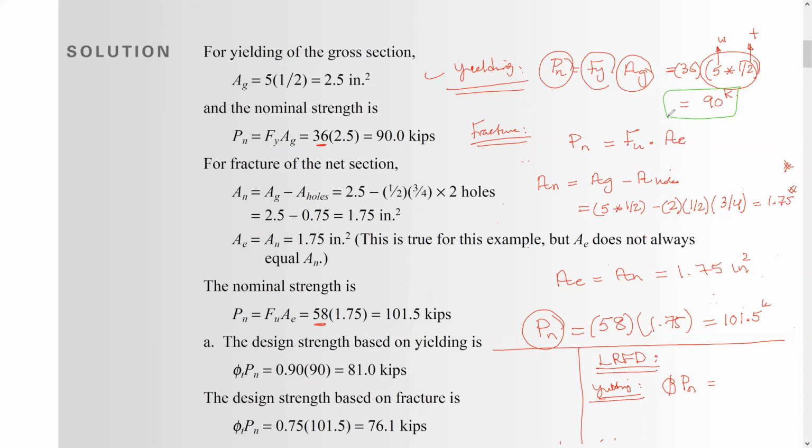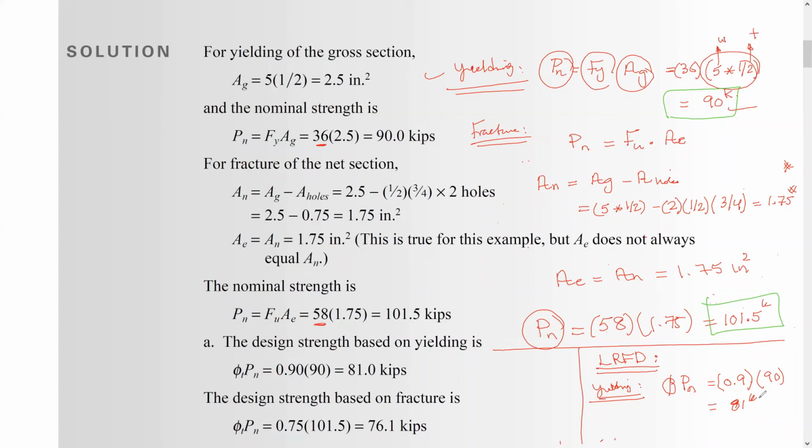For fracture it is 101.5 kips. So for yielding, in the case of the LRFD method, phi is equal to 0.9 times the nominal strength based on yielding, 90. So this one here is equal to 81 kips. This is the design strength based on the yielding limit state using the LRFD method.